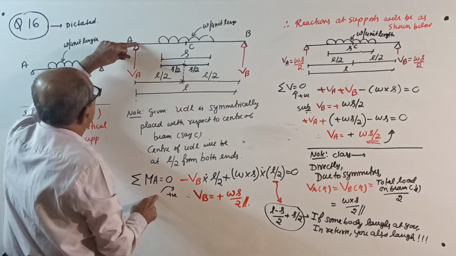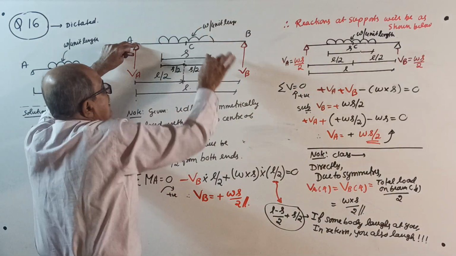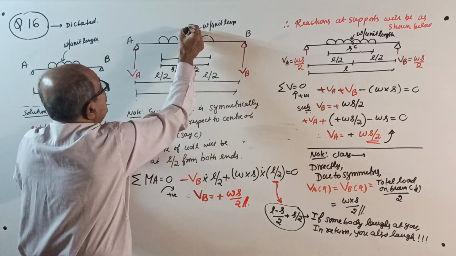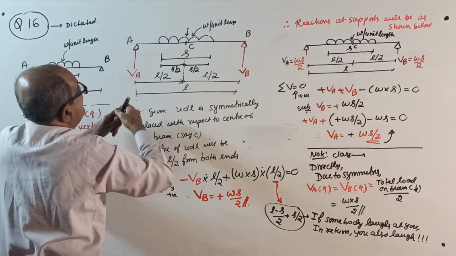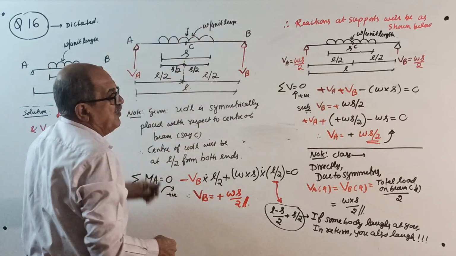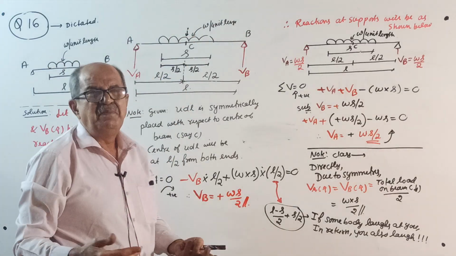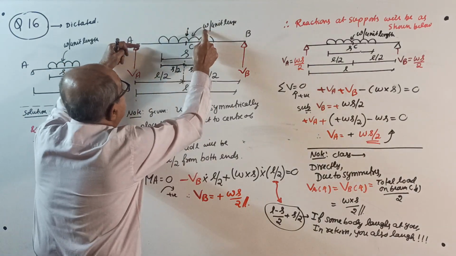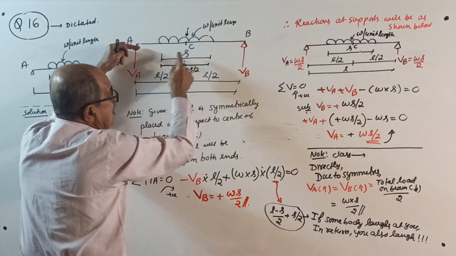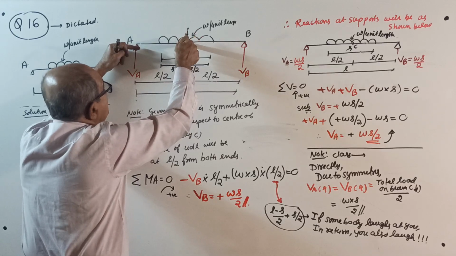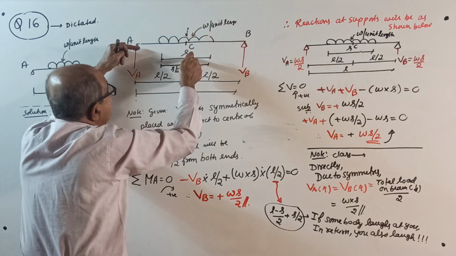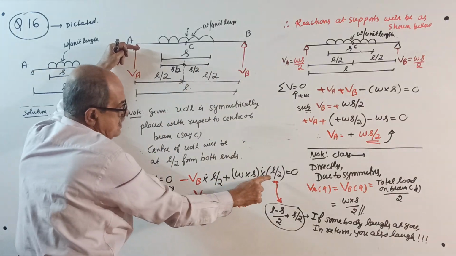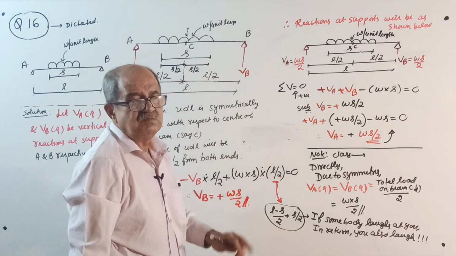Okay, now start. Sigma M about A equal to 0: minus VB into L plus the total load acting here. The total load is W into S. Center of UDL is exactly at center of the beam, so directly into L by 2, equal to 0.